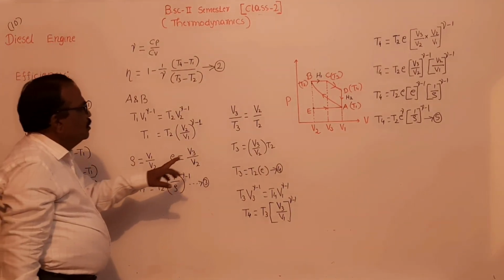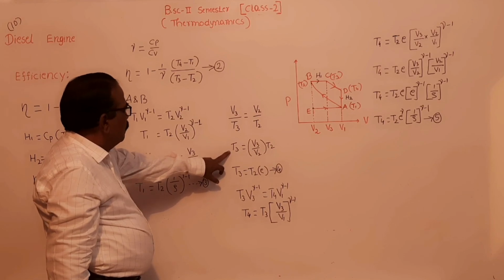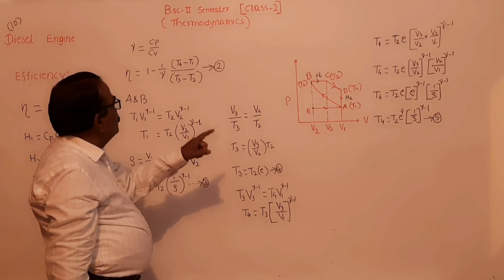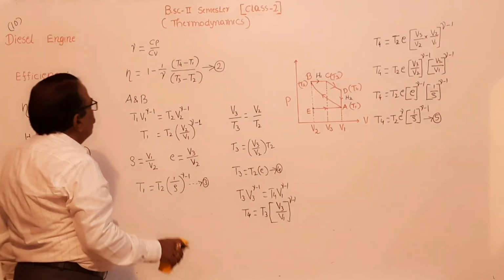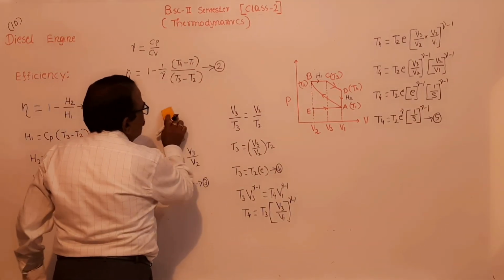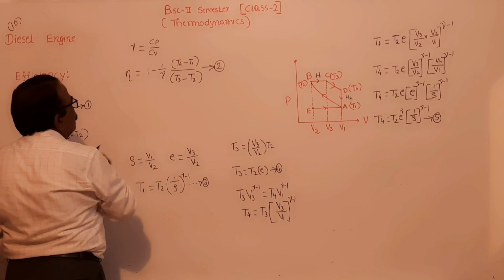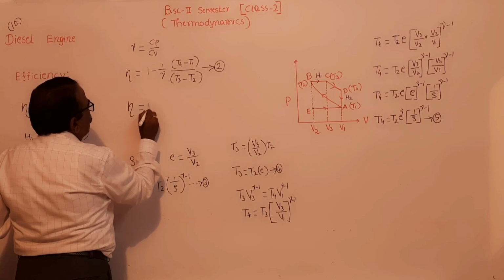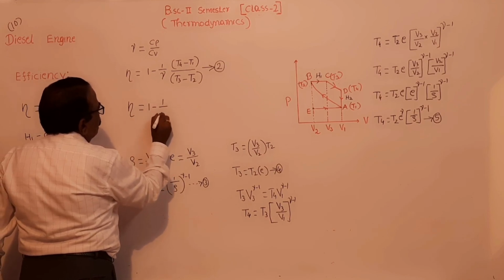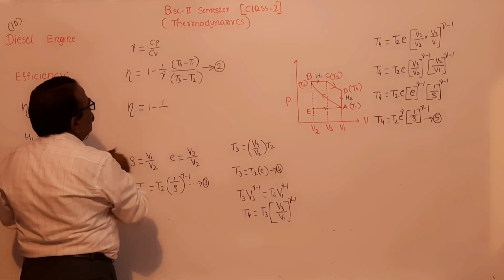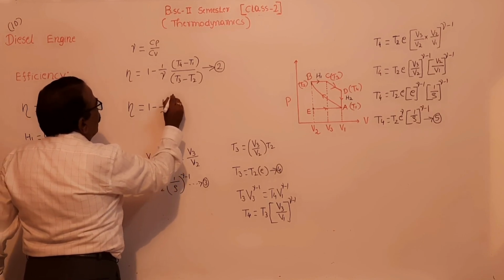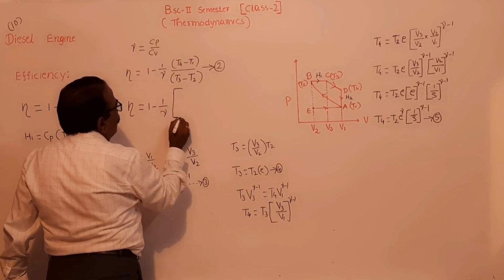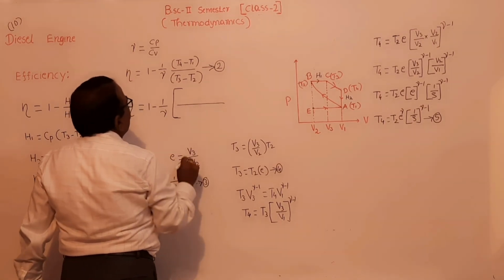Then see here, you know T3, you know T1 and T4, you substitute all values in equation 2. Then if you substitute all these values in equation 2, your eta expression for efficiency is 1 minus 1 upon mu into T4.